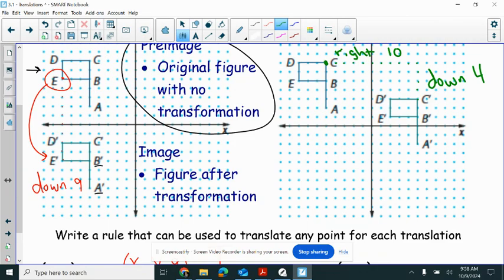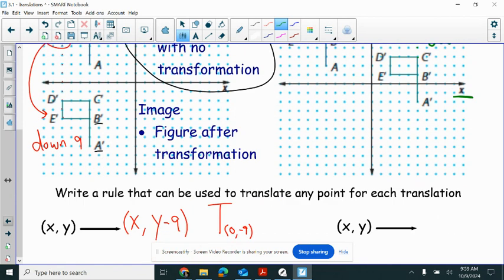When it goes right, the X is increasing by 10. Then down 4, my Y is going down. So my XY rule would be X plus 10, Y minus 4. If it's increasing, you do plus. If it's decreasing, you do minus. Left or right always goes with the X. Up or down always goes with the Y.